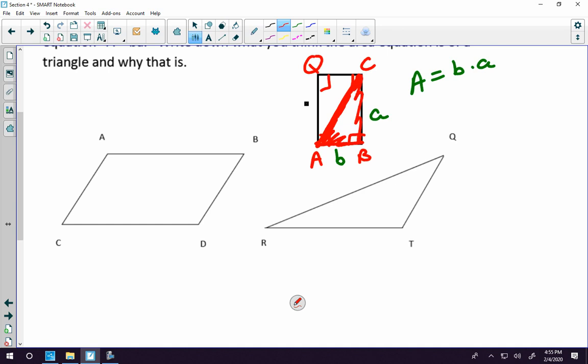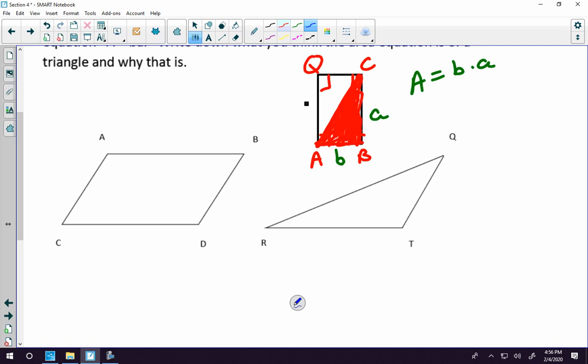So I ask you, what must be the area of this triangle in relationship to the original rectangle? I'm hoping you would say the area of that red triangle is half the area of the rectangle. Correct.